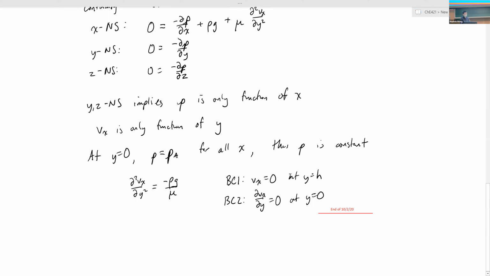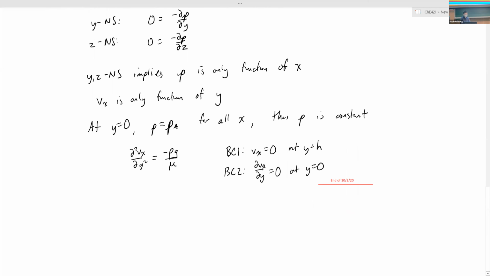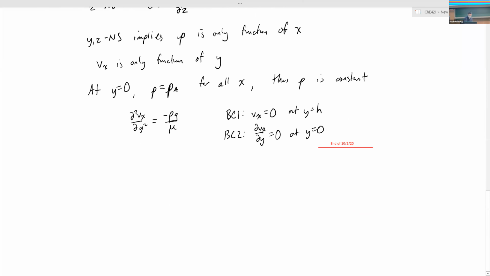Okay. And so the game today is basically just to solve this differential equation, and that's step 4, right? So step 4 is solve. And then we're going to play with this solution a little bit more and think about what the different implications are. Okay, any questions at all about how we got to this point?